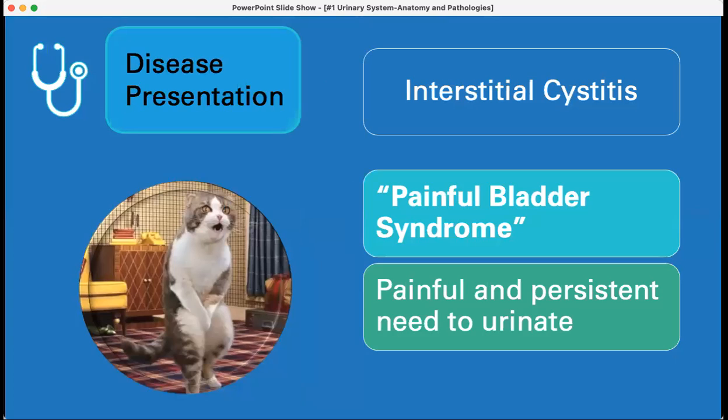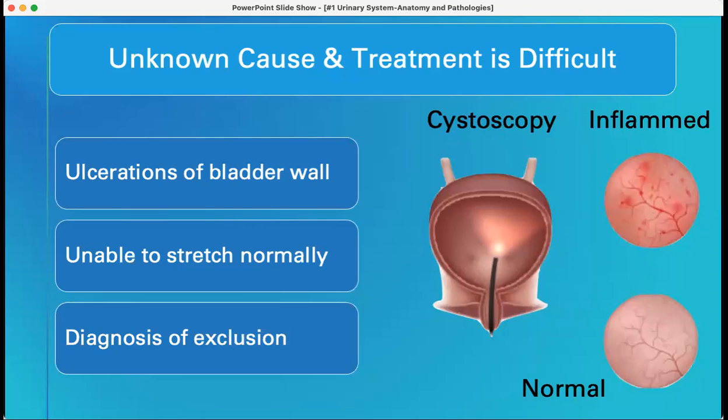Okay, so the disease presentation is a situation where you cannot wait. Interstitial cystitis is called a painful bladder syndrome. So it's this constant feeling that you have to urinate. The cause is really not known, and it's usually a diagnosis of exclusion.